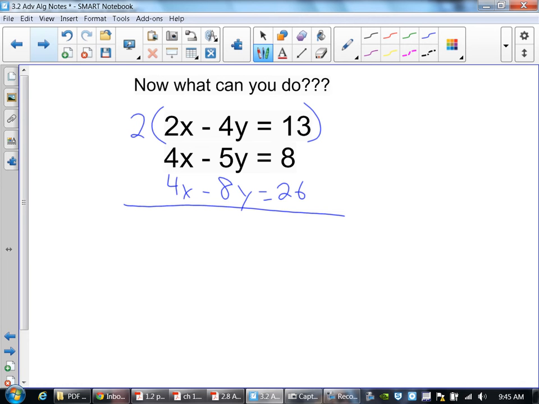If you have the same coefficient with the same sign, you subtract. If you have the same coefficient with opposite signs, that is when you add.